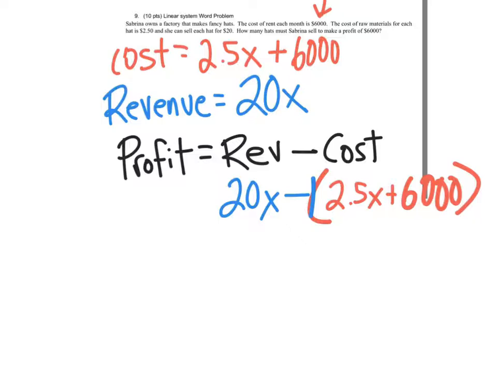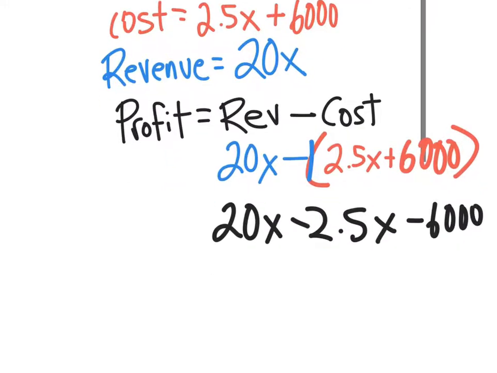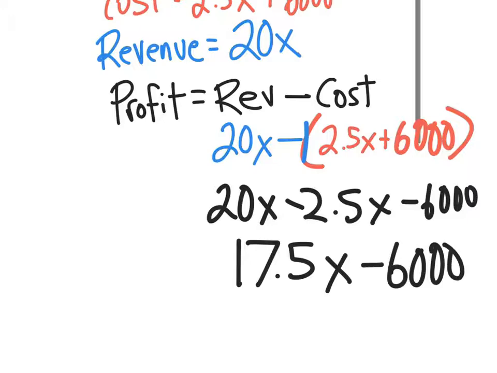That's going to look like 20x, and -1 times 2.5x is -2.5x, minus 6,000. What is 20x minus 2.5x? That is going to be positive 17.5x minus 6,000. So what is this right here? This is the equation for profit.